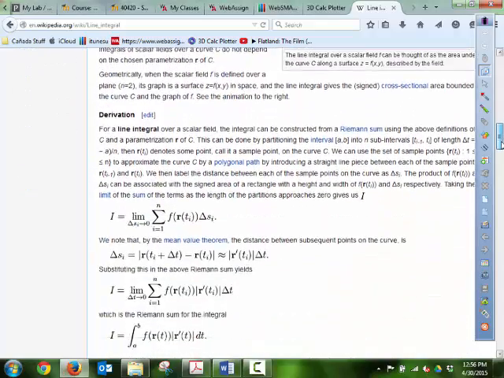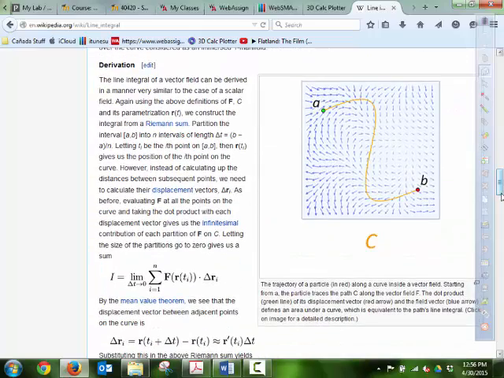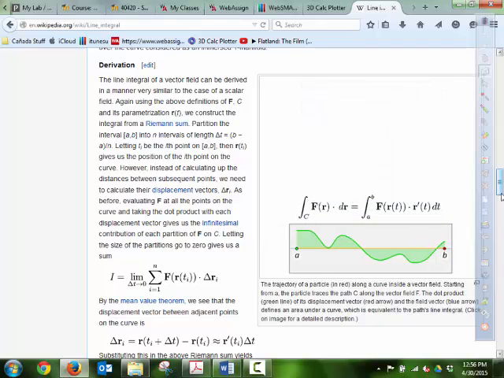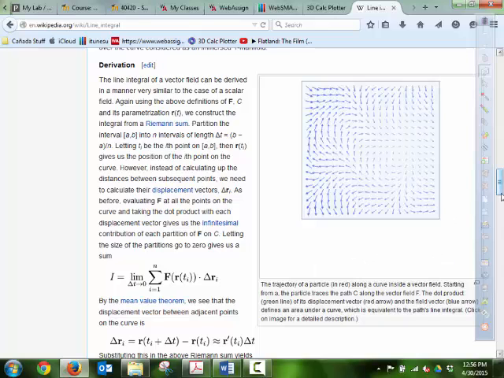But then the graphics for the line integral: remember that the line integral takes in a vector field, not a surface or a function of x and y. So let's take a look at this line integral. It is based on a two-dimensional vector field. You can call it a force field or whatever it is. Then you lay a path, a curve, on this.